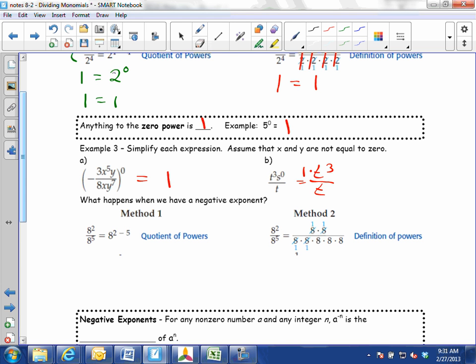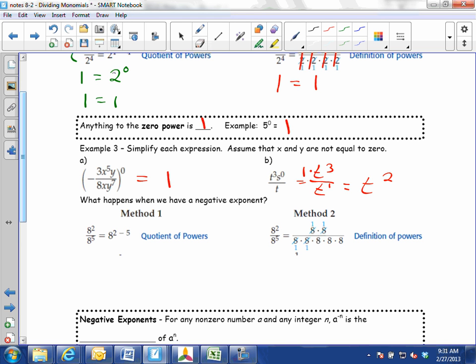And then, what do we do with exponents? Subtract, right? Remember how I said yesterday, when you multiply, we add exponents. Now when we divide, we subtract exponents. So 3 minus 1 is understood, so it's really t squared.